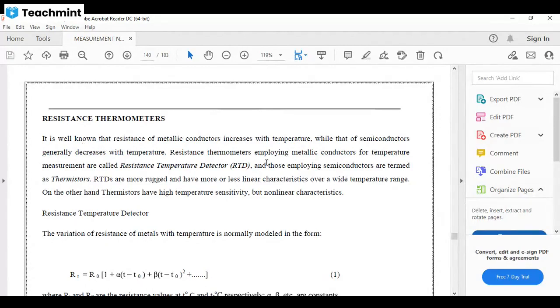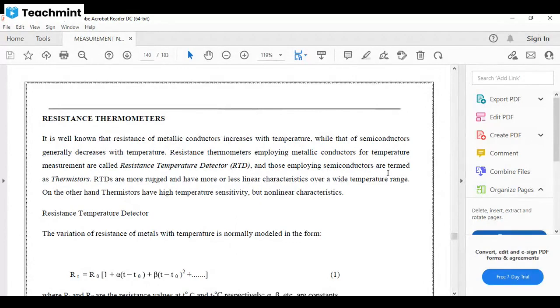The resistance thermometer employing a metallic conductor for temperature measurement is called a resistance temperature detector or RTD. RTD is versatile, used for measurement of temperature in industry, in process industry.